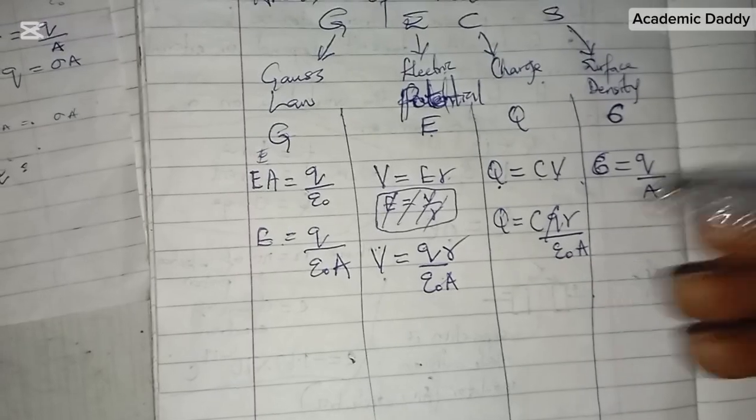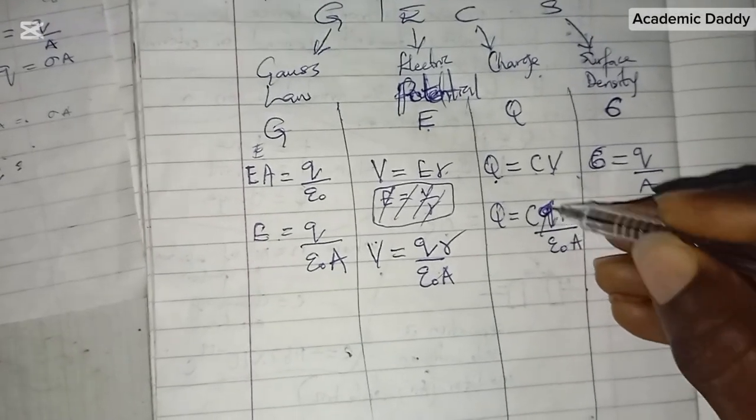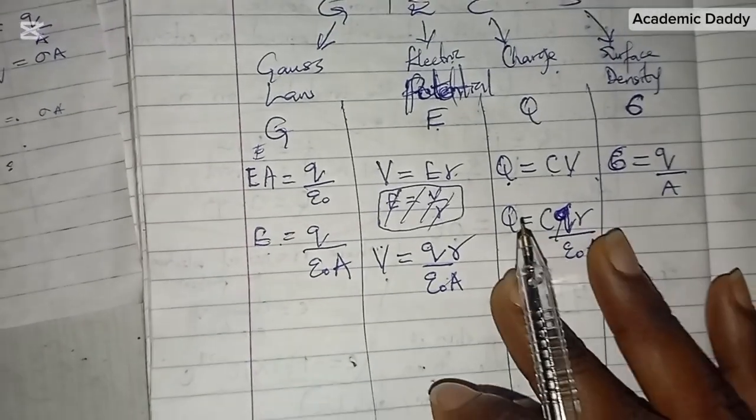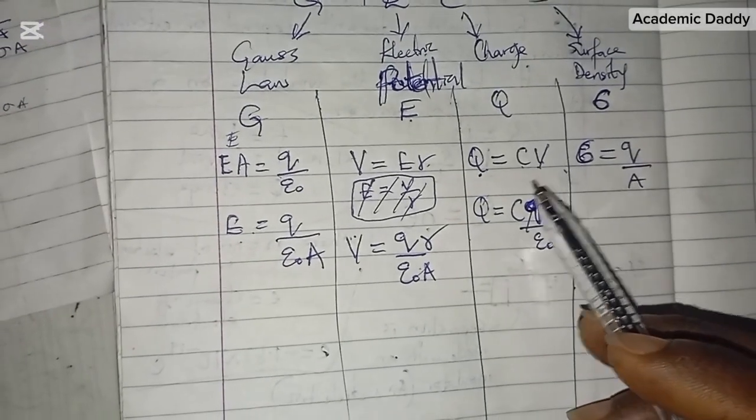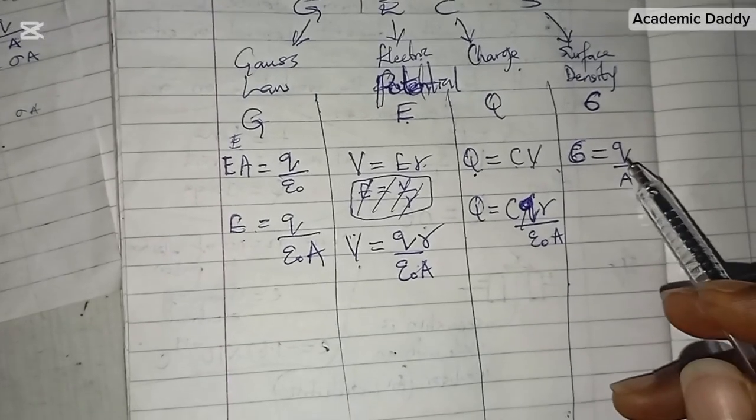But when you do that, you no longer have a subject of formula. It's not good like that. So since we are seeing E, I can come here as well.